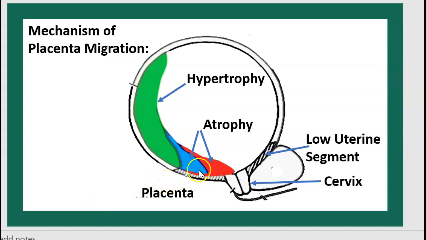Placenta migration occurs because the atrophy starts here, and then it moves here, and then it goes there. Here is the low uterine segment, and here is the cervix, and atrophy starts from this low uterine segment, and the placenta moves.